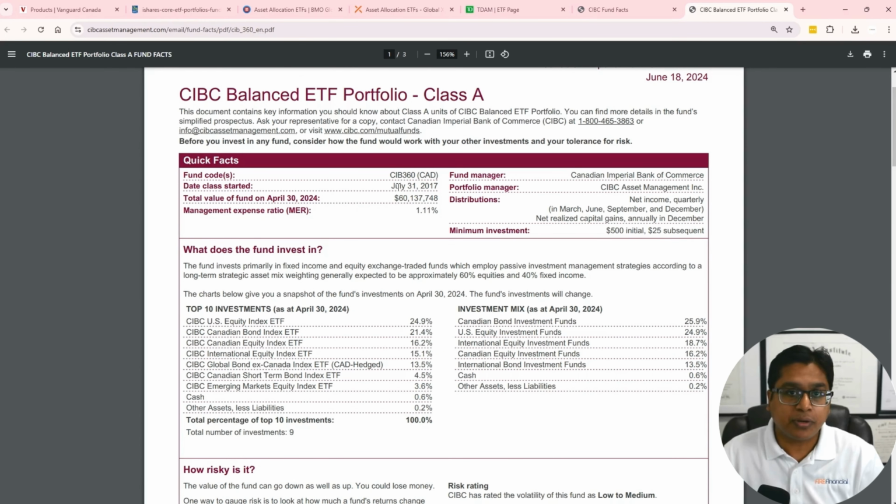So I'm not sure how they trade on the market, but the fees seem to be pretty high compared to the other ones. So make sure you check it out and understand what the difference is between this one and the other ones. But I believe they are offered through the branch level, and that's why the fees are a little bit high. But don't quote me on the details on this CIBC ETF.